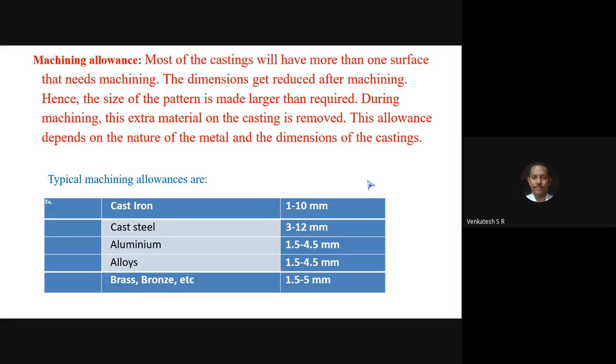See, all of you observe here, the extra metal on the casting is removed by the machining operation. This extra metal can be provided in the mold cavity so that you can machine the surface and provide a smooth surface on the casting.